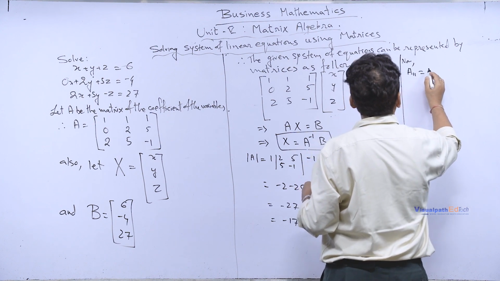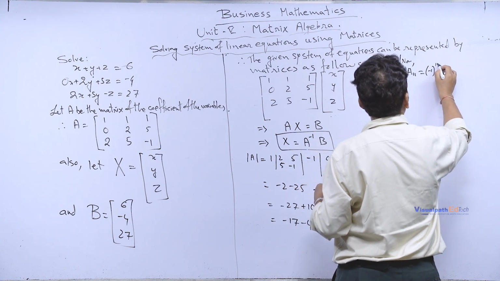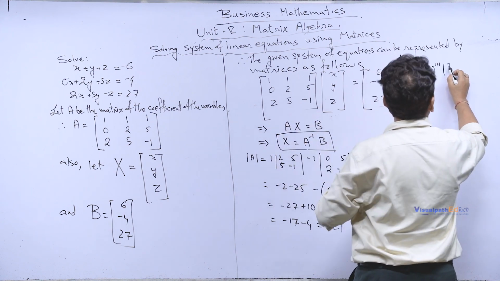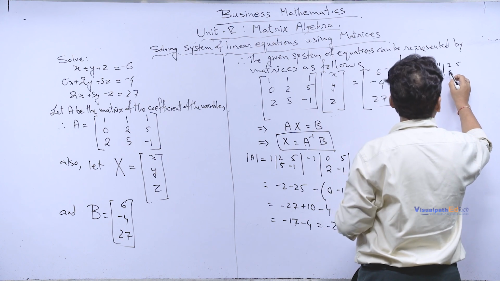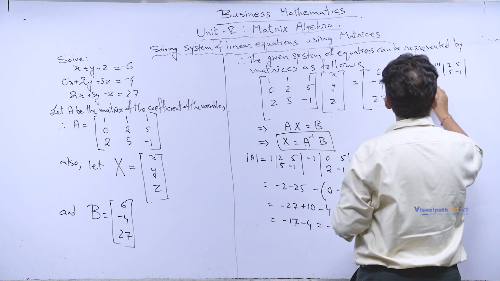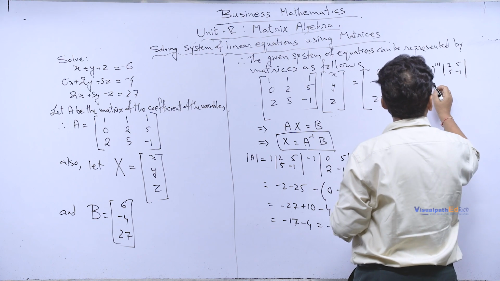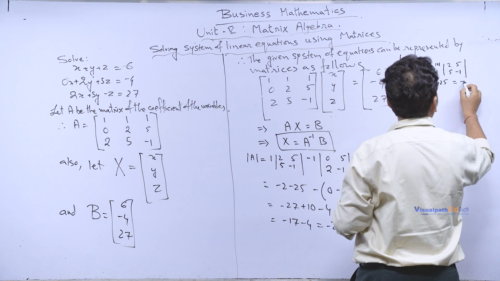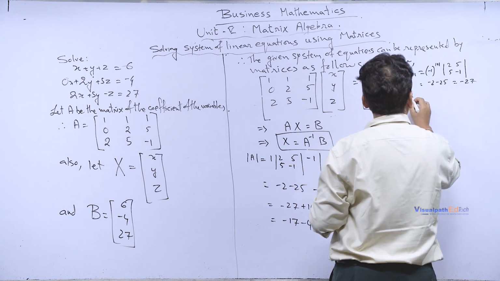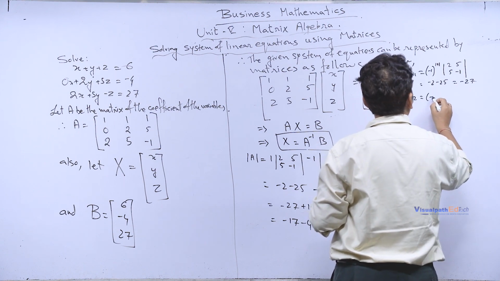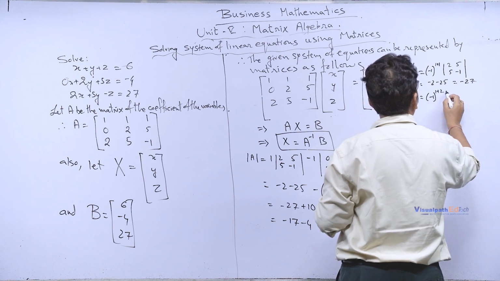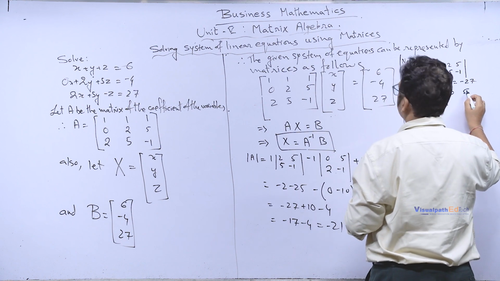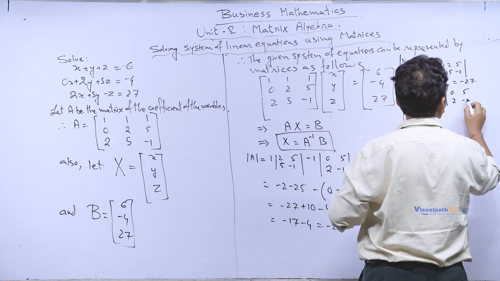A11 will be minus 1 to the power 1 plus 1 and then minor of 2, 5, 5, minus 1. How much will be this? This is minus 2, minus 25, minus 27. A12 will be minus 1 to the power 1 plus 2 and then the minor 0, 5, 2, minus 1.